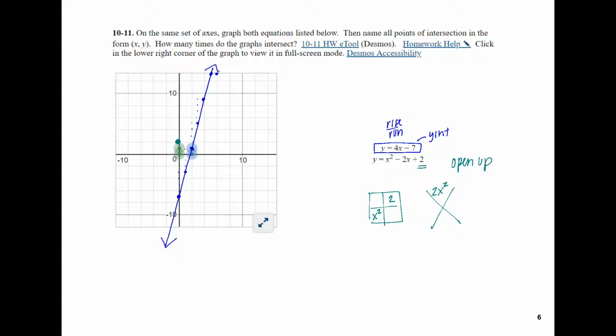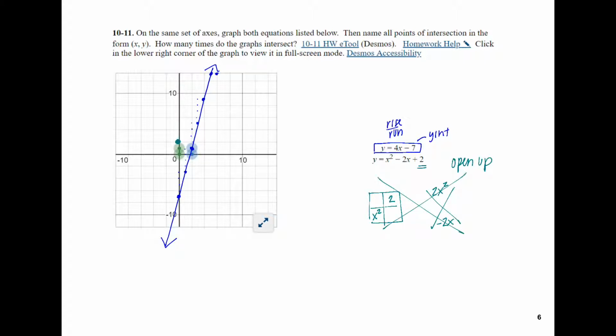2x squared goes in the top of my diamond, -2x goes in the bottom. What two things multiply to get 2x squared and add to get -2x? So we have no combination. So this is not factorable.